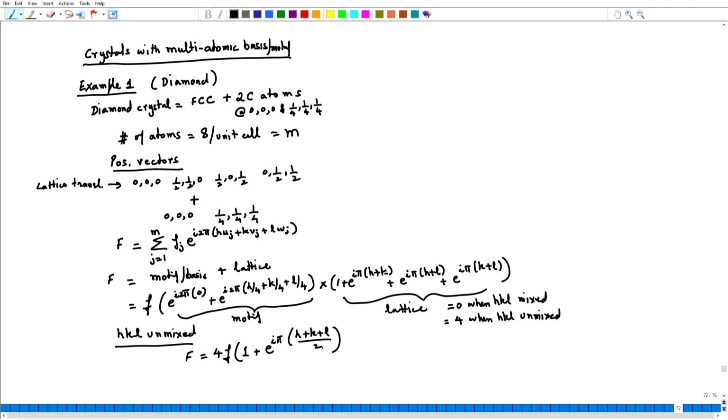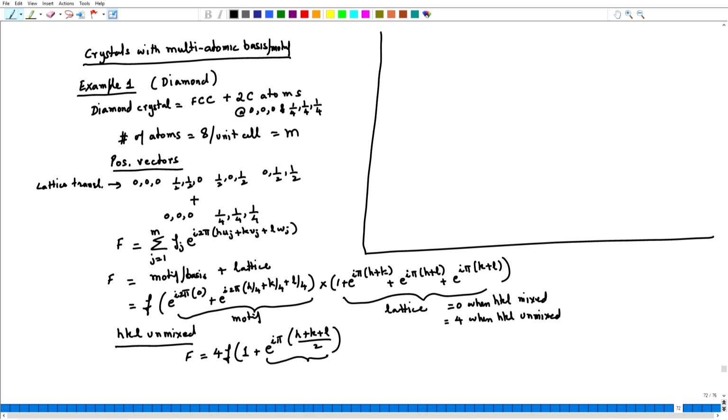Now, can the structure factor still go to 0? Yes, it can if this term is minus 1. Now, when can this term be minus 1? Consider if (h plus k plus L) divided by 2 is an odd number.